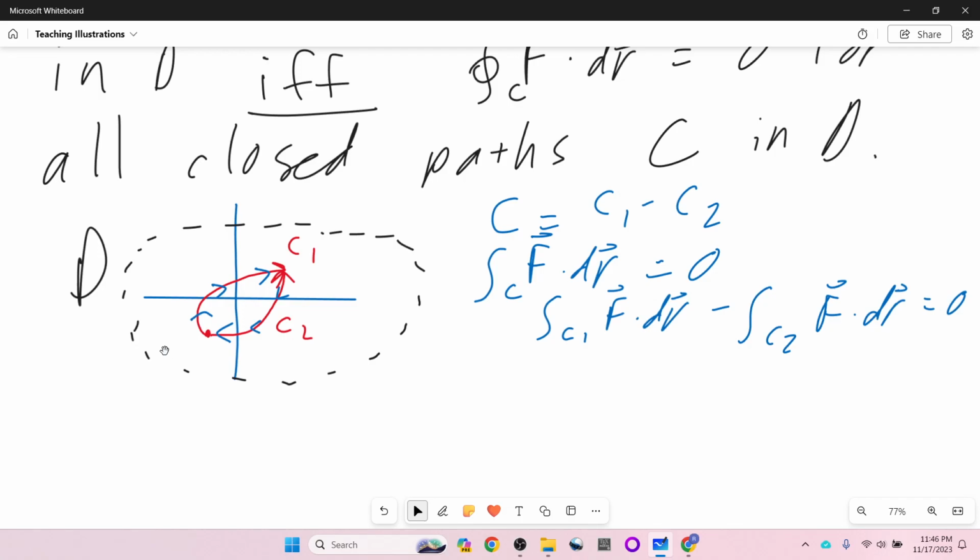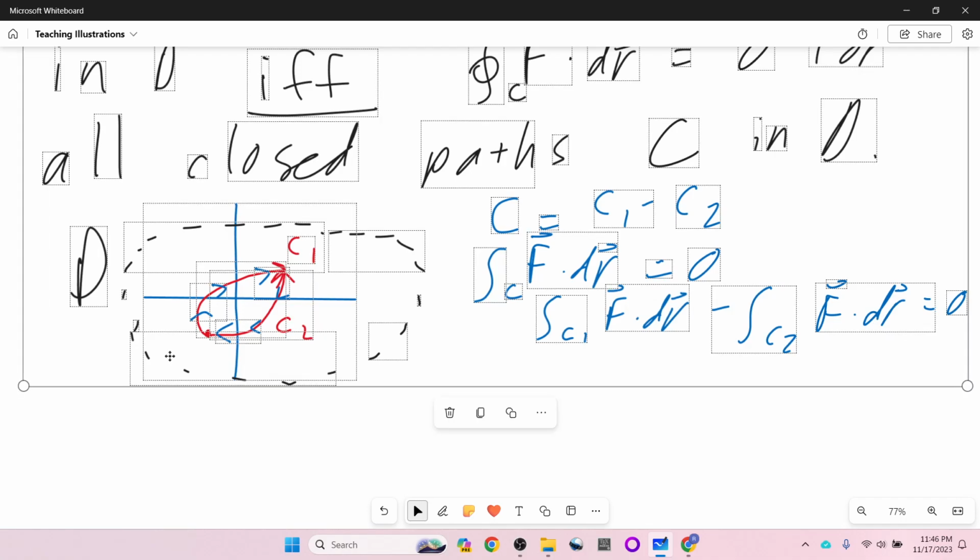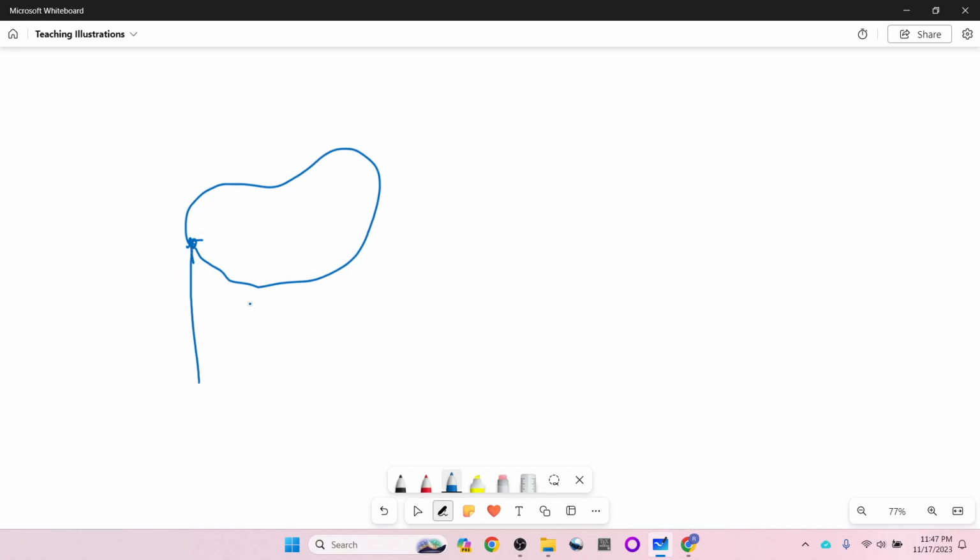Now this really gets into the whole idea of conservation of energy, because what we are saying is, if I follow a path and come back to where I started, I have not lost anything. So we're on a frictionless slide. Maybe it's a roller coaster. A roller coaster is not perfectly conserving energy.